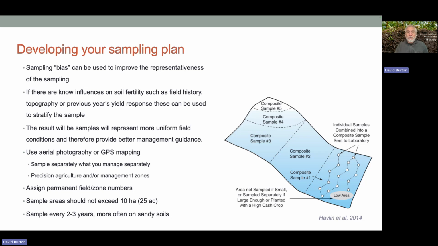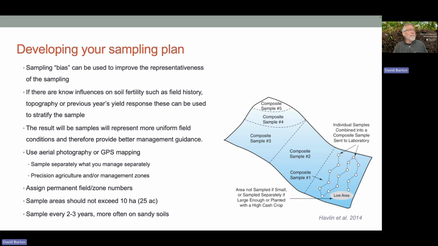So Brown's field or the field behind the barn is not very effective labeling. It's better to develop some sort of systematic labeling and put that on a map so it's really clear where that sample came from. In general, you should not sample areas much more than 25 acres, because we're not really characterizing that soil very well if it's too large an area. And we should sample every few years.